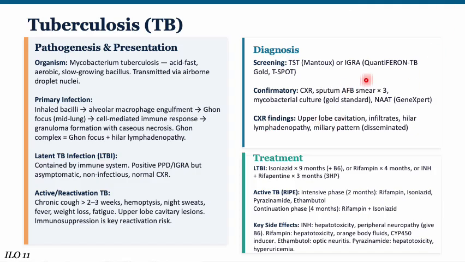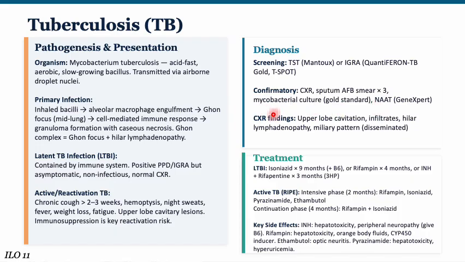I'm sorry, yes, the confirmatory test is a chest x-ray, as well as obtaining sputum cultures, which you'll be looking for acid fast bacillus. You have to get 3 cultures because sometimes this is a fungus, and sometimes it takes longer to grow.